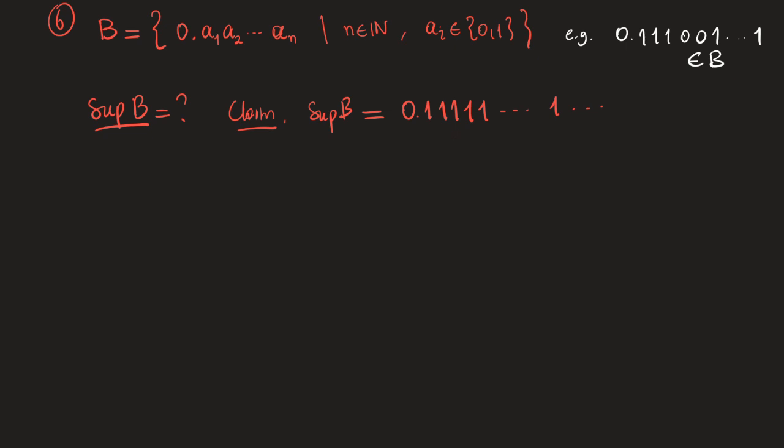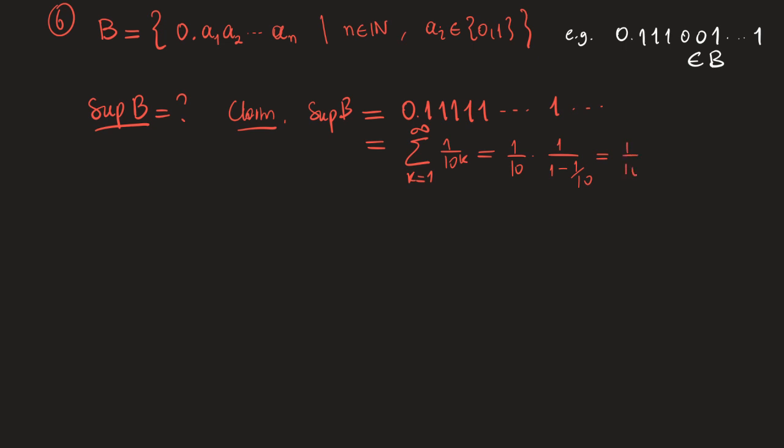So this is obviously an upper bound. Okay. By the way, we can compute this number. It is an infinite sum from k equals 1 to infinity of 1 over 10 to the k. So by the definition, it is (1 over 10) over (1 minus 1 over 10).